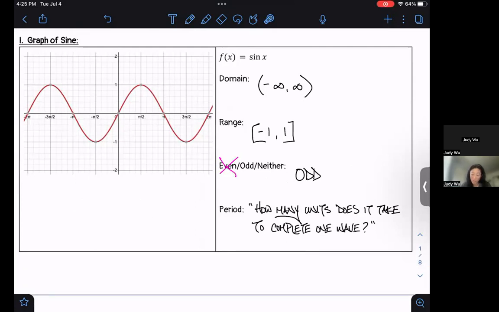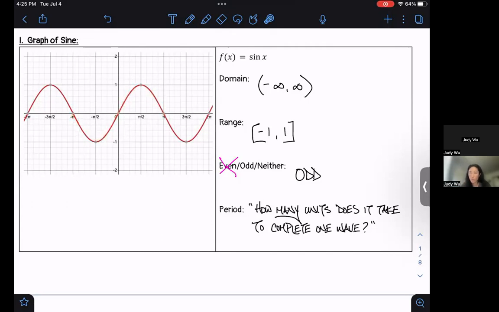So if we were to start here, we'd go up, we'd come all the way back down, and then we got to get back to where we started. That's considered one wave. Okay, let me see if I can highlight another wave. So if I started here, I could go down, come back up, and get back to where I started. That's one wave.